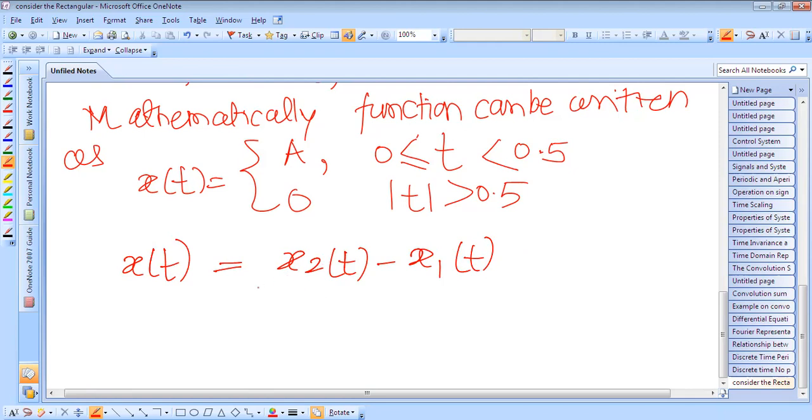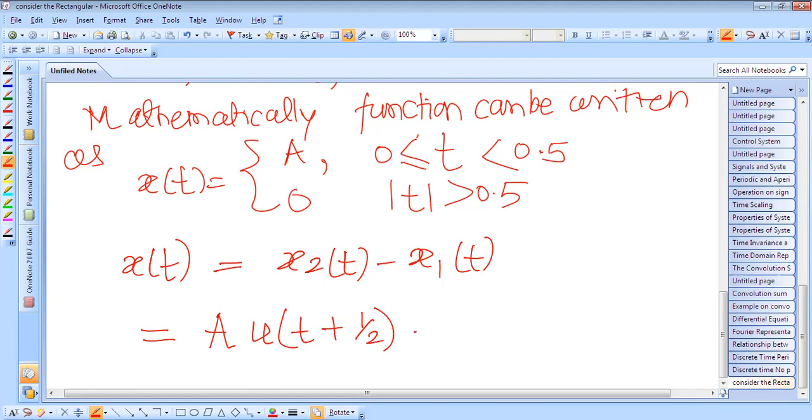Therefore, on the basis of this figure, we can write x of t is equal to x2 of t, which is the amplitude A into the unit step function, and as this is shifted toward the left, it is u of t plus half.